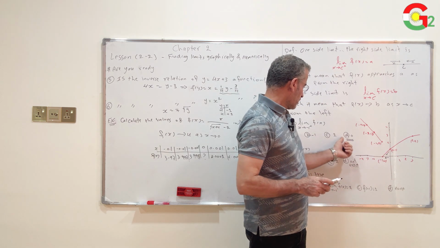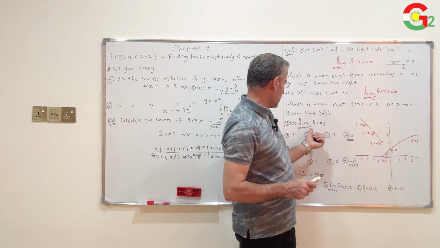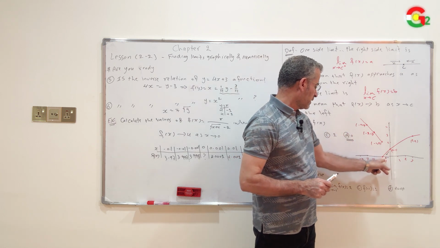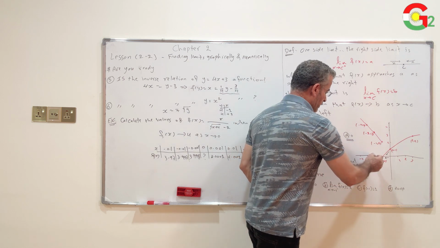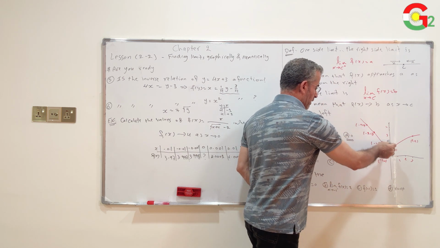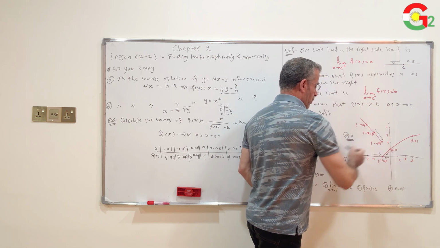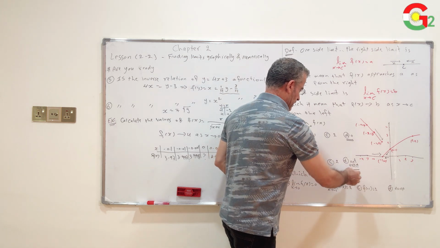In the previous question, we saw that the limit when x approaches -1 from the right is 0. But as you see, when x approaches -1 from the left, f of x approaches 2, so the limit does not exist.